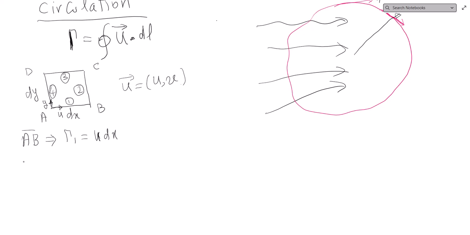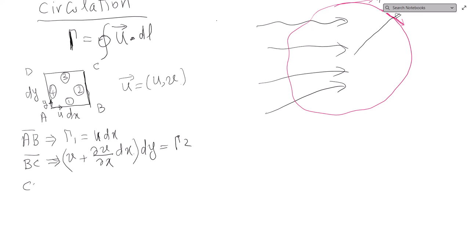For line BC, along this path, I will have v plus dv dx, because v is here and it will change from A to B by dv dx. So this is my change in velocity, and the path is dy. So this is my gamma 2.